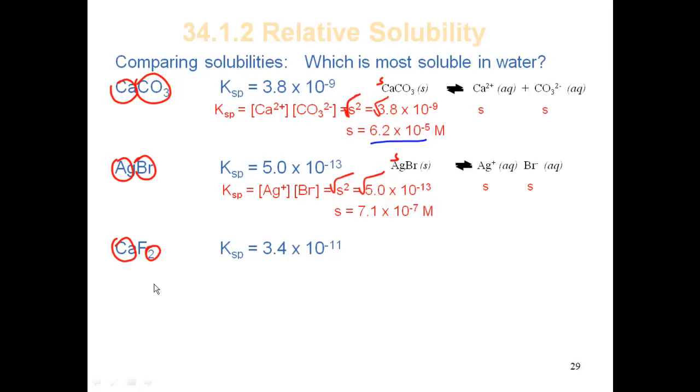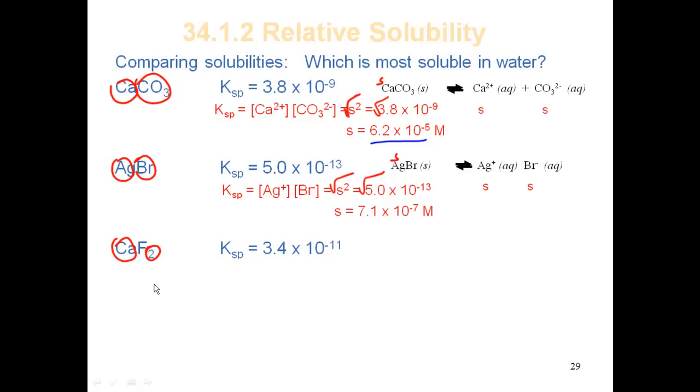Look at the math here: S squared is equal to the KSP in both cases. So naturally, the one with the larger KSP is going to have the larger S. Therefore, the larger KSP will be the more soluble one.